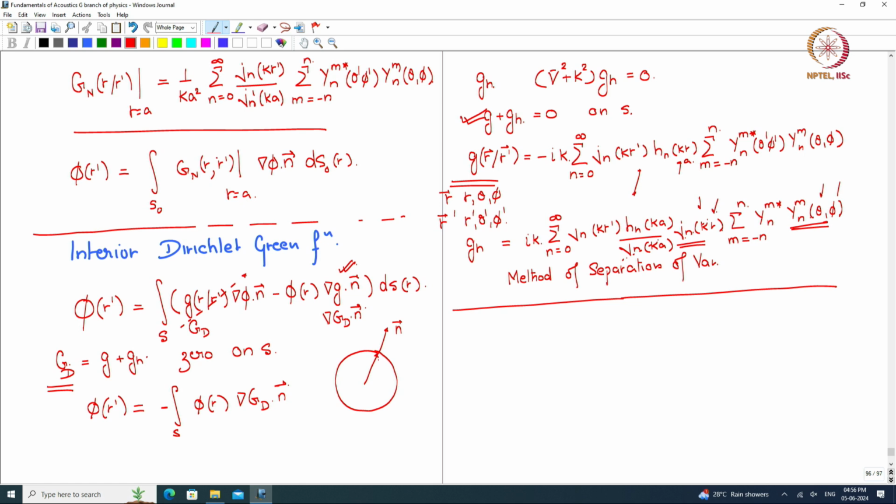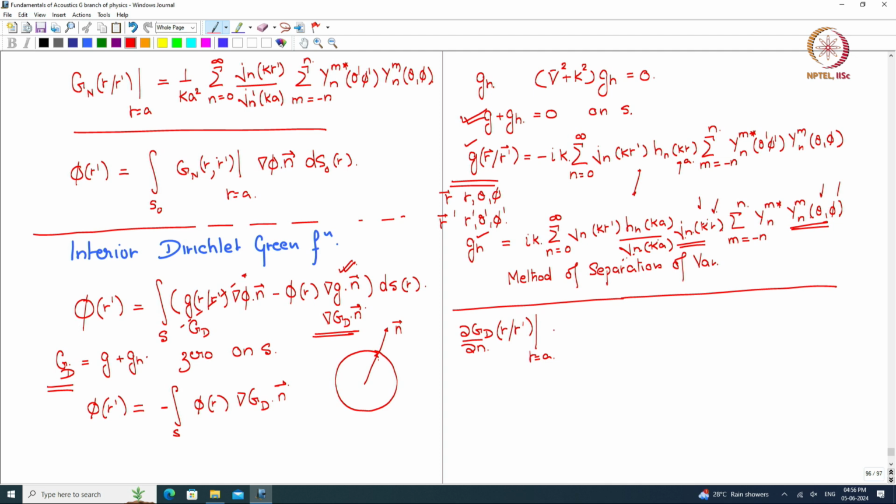So what we have to find now is del G del n. So del Gd over del n of r slash r dash at r equal to a, how does it look? It is the derivative of this plus the derivative of this.